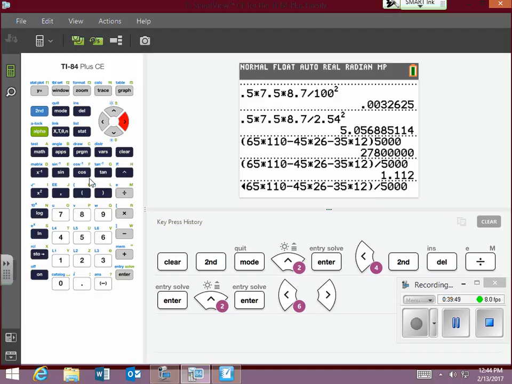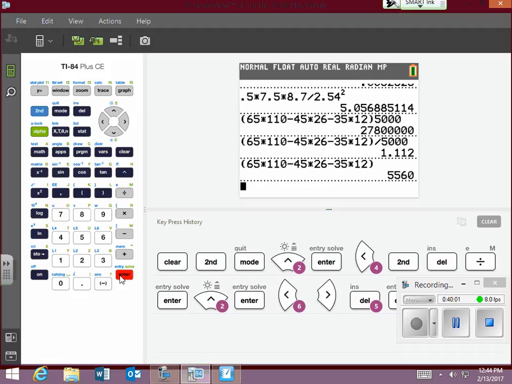Delete this out. That should be the area, because that's 65 times 110 minus 45. 65 times 110 is the whole area of the whole plot. Yeah, I deduct the house in two separate pieces.